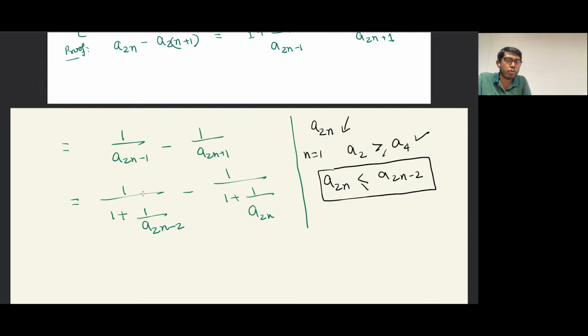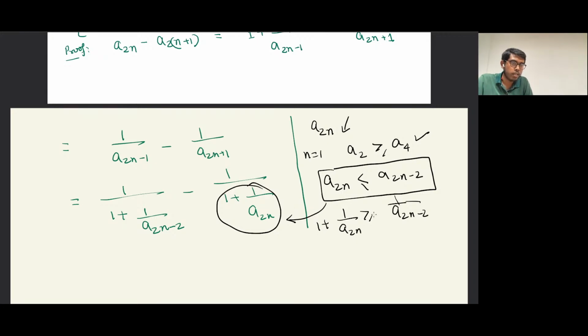Okay. So if this is the induction hypothesis, it means that 1 by a_2n is bigger than or equal to 1 by a_2n-2. And if you do minus 1 plus this, 1 plus this, then this is bigger.